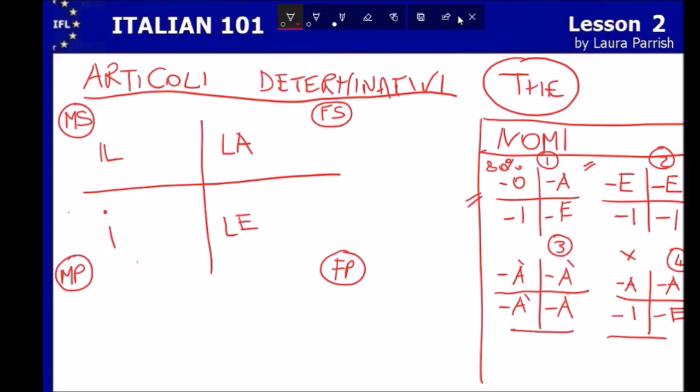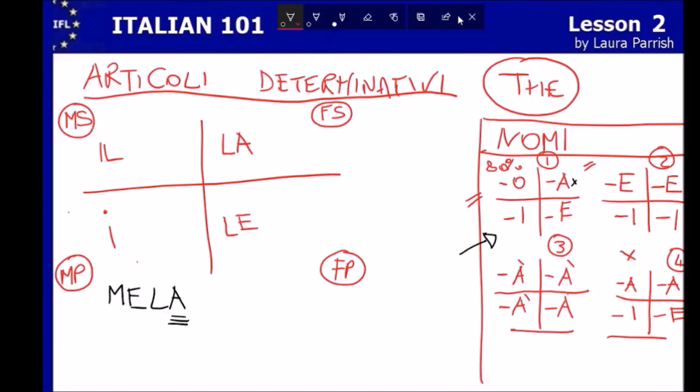Let's start by writing a word. For example, this word that you know means apple. Mela. Okay. First things first, to choose the right article, watch the last letter. It is a. So you have to identify in which group this noun is. Why do you have to identify the group?